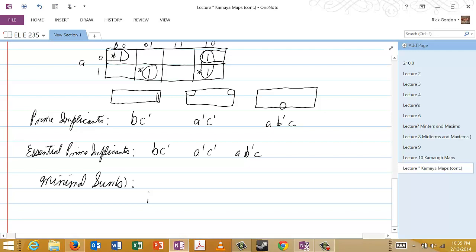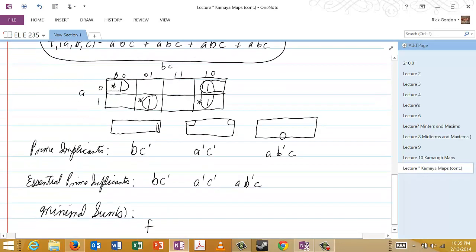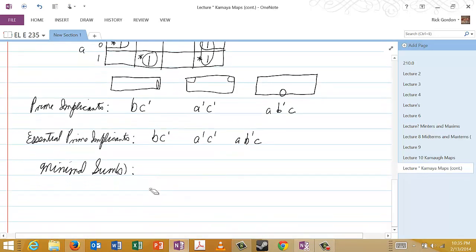So we have F1 of ABC equals. Now, it is really crucial to note that every minimal sum must contain all of the essential prime implicants.